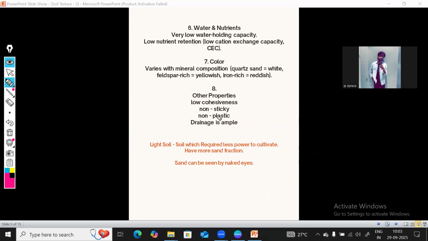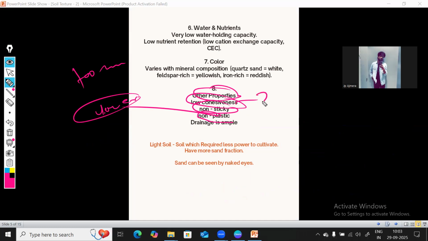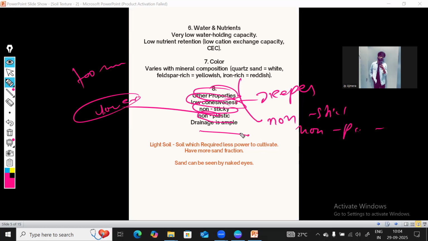So sand is low in it. I'm not going to spend too much time on this because these are all simple topics in soil science. Just remember it; we will cover these things later in the training.